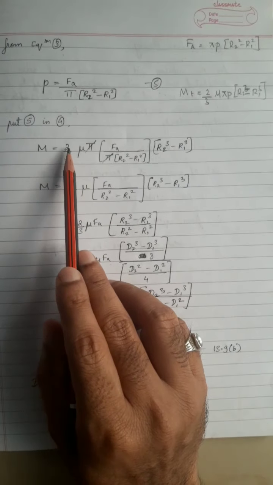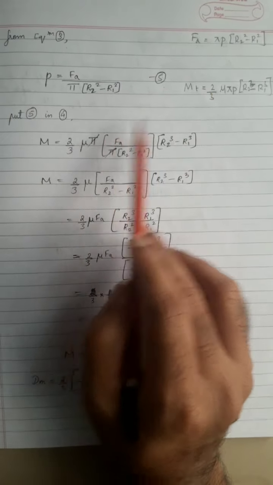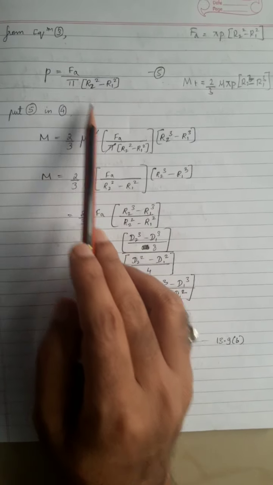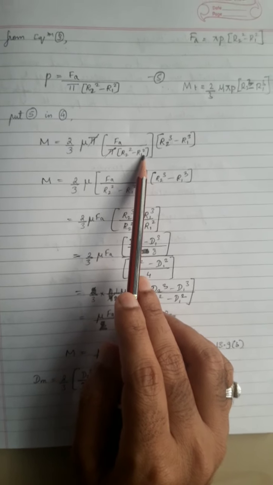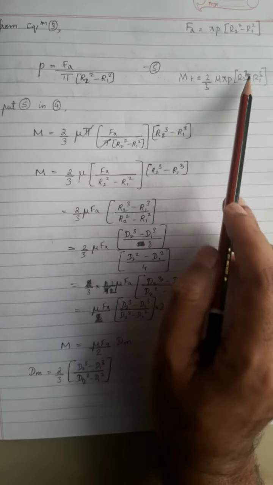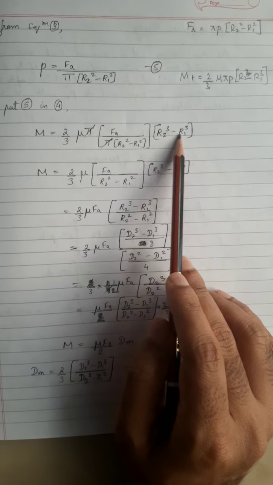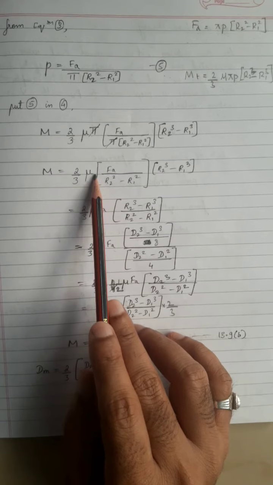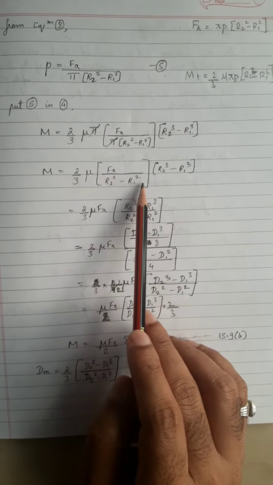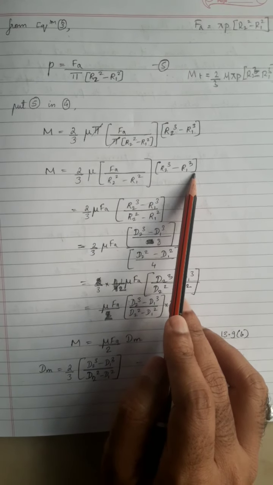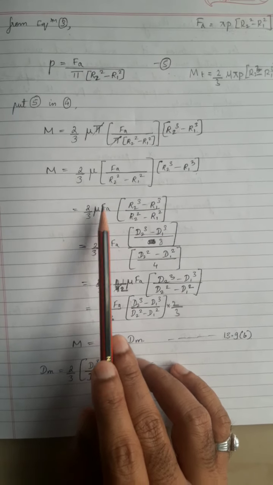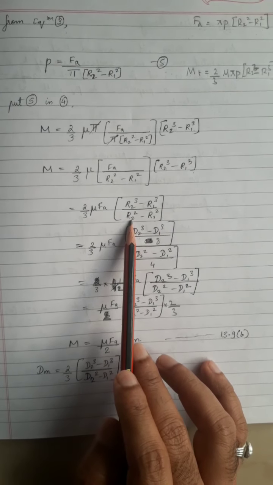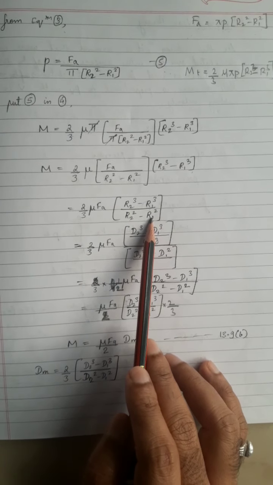So here we have 2 by 3 mu into pi, and now pressure I will write as Fa divided by pi into (r2 square minus r1 square), into (r2 cube minus r1 cube). So pi will get cancelled, it's 2 by 3 into mu Fa and the remaining terms as it is, (r2 cube minus r1 cube) divided by (r2 square minus r1 square).